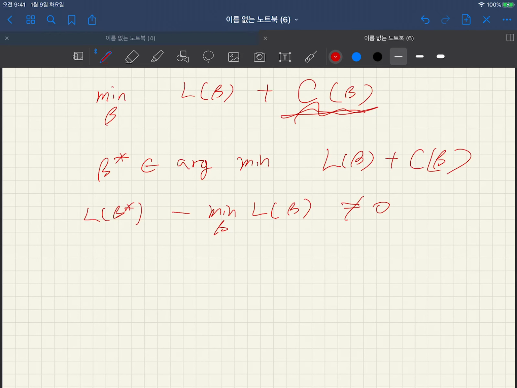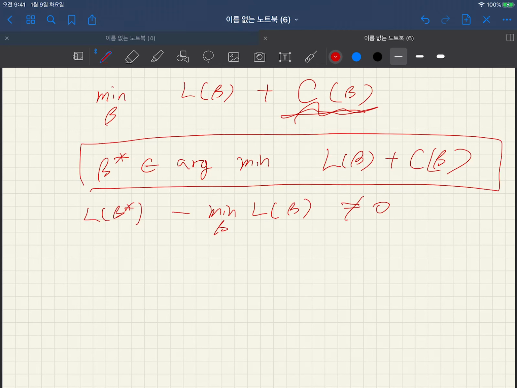Why? Because we are solving a different optimization problem compared to the original one. Actually, the weight decay method comes from this, from the cost function summation over the square of each parameter. Okay.